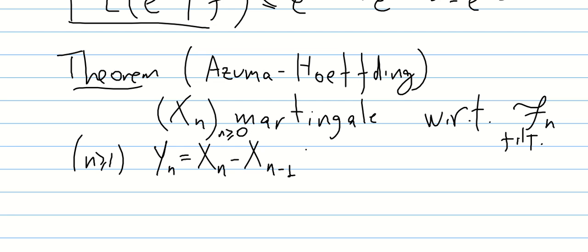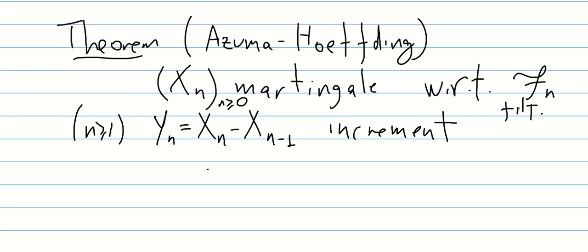So this is the increment of our martingale. And we assume that the increment is always between some ak and some bk. Right? So we know that the expectation of y is 0 because the expectation of a martingale never changes.